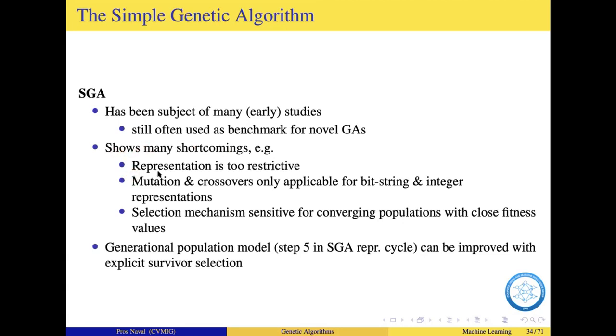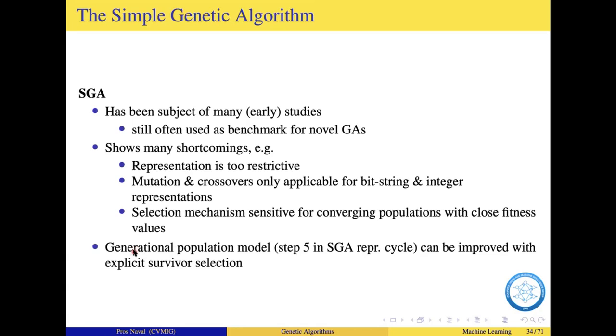For example, the representation is too restrictive, just binary representation. Then your mutation and crossover operations are only applicable for bit string and integer representations. Then the selection mechanism is sensitive for converging populations with close fitness values.